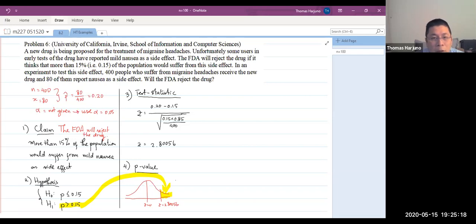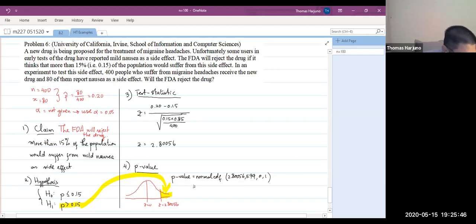So p value is normal CDF 2.80056, E^99 0 1. I get 0.00255.